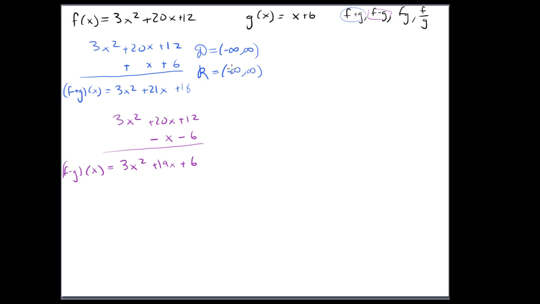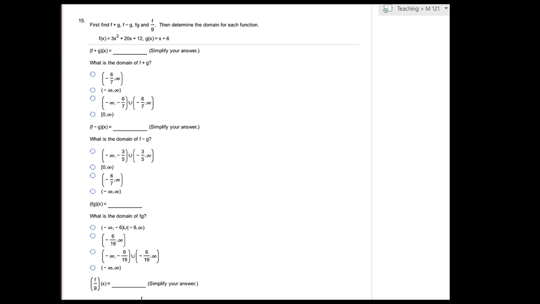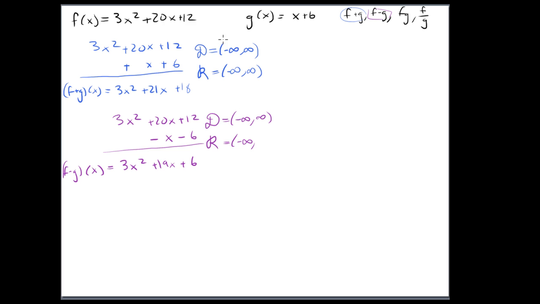There's no division, there's no square roots, and for our second purple equation here, for the domain, it's again negative infinity to infinity, and the range is negative infinity. Well, actually, I take that back. That's not the range. And do we need to find the range for these? Okay, just the domain.